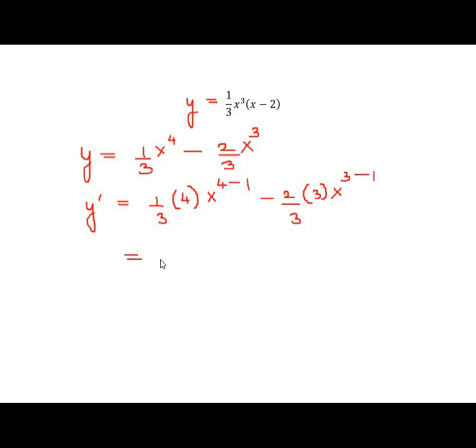So here it becomes 4 over 3 x cube, and here we can cancel off 3 and 3. So we are left with minus 2 x to the power of 2. This is the differentiation of these kinds of examples. So open up the brackets, expand them and then differentiate them.